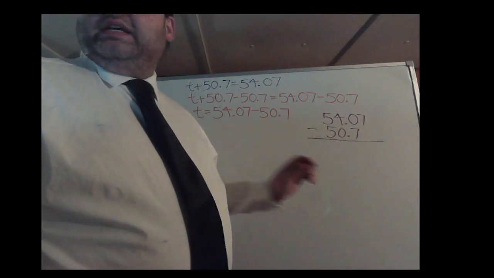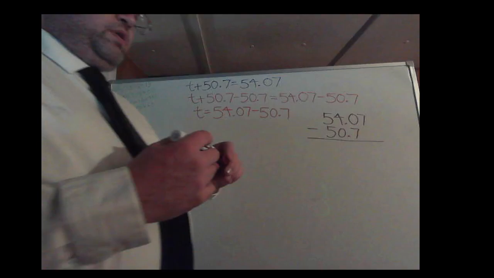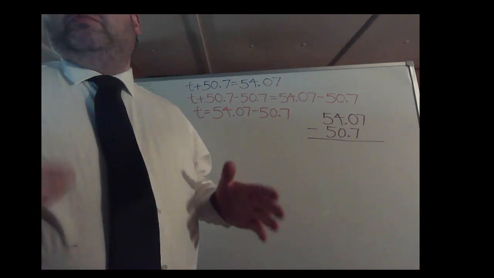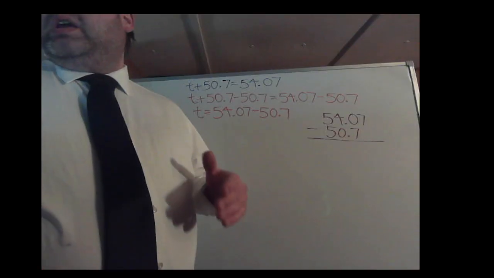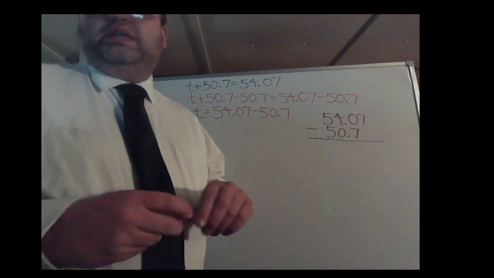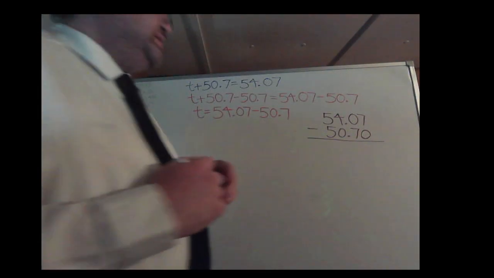The second term has 1 decimal place. Well, in order to perform the subtraction, we have to make sure both of the terms have two decimal places. All we got to do is just tack on a 0 at the end. And now they both have two decimal places. So now we can do the subtraction.